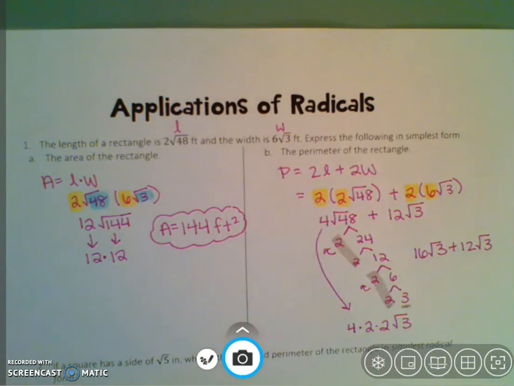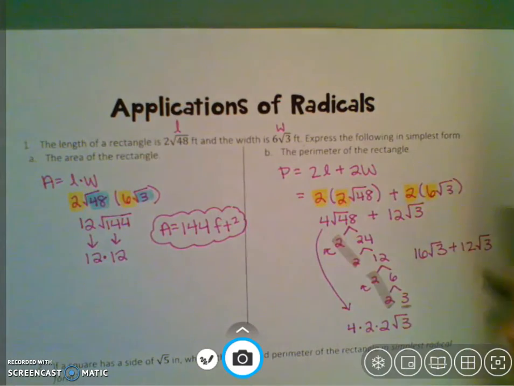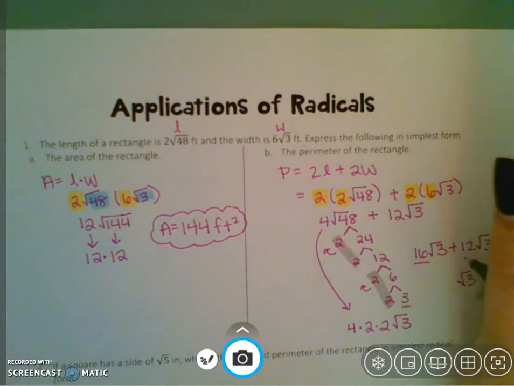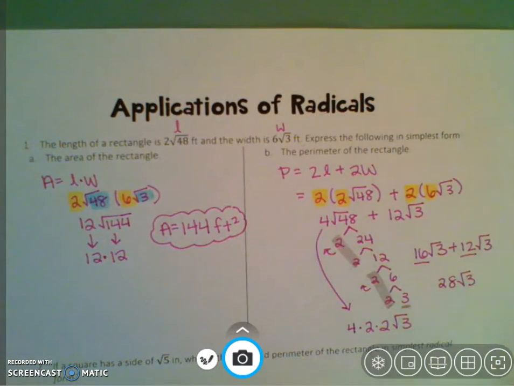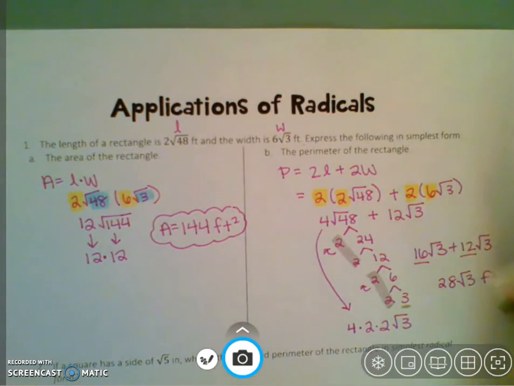Well, you think you might be done. However, remember when you're adding radicals, if it's the same number inside the house, so both of these match, you keep your root 3 and you add the front numbers. So 16 plus 12 is 28 root 3, and it's perimeter, so it's just feet.